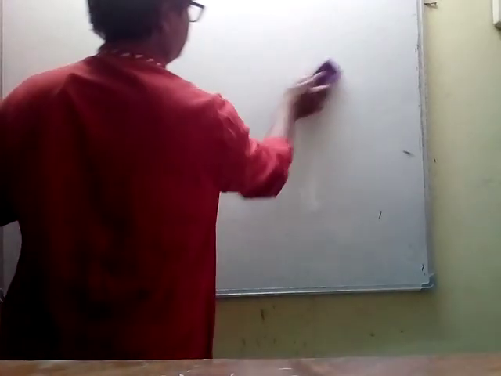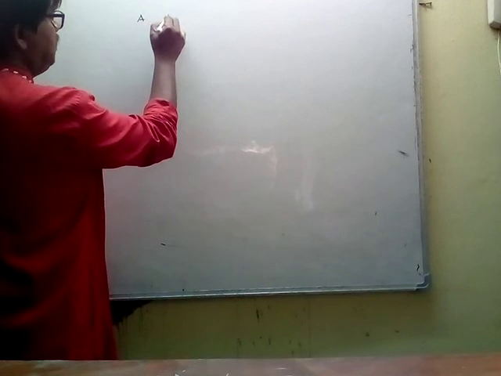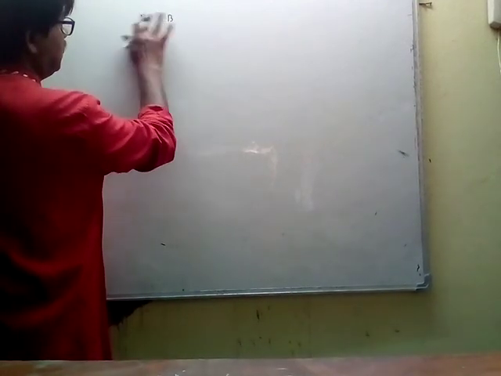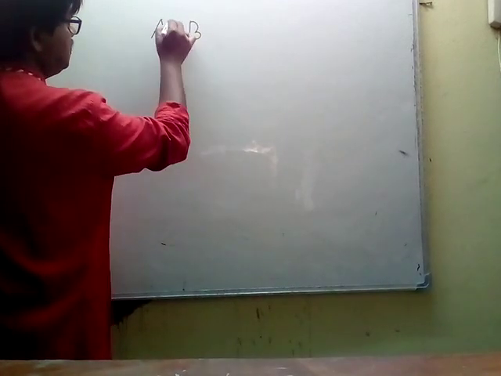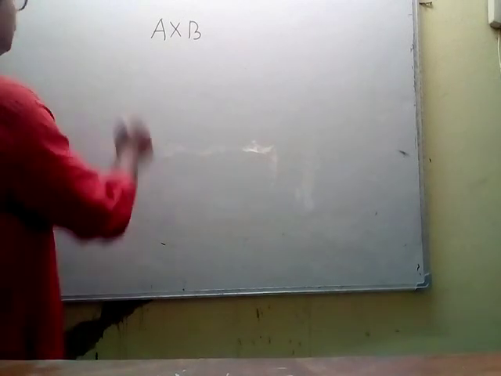Now, the inverse of a relation. Let A and B be two non-empty sets, and A cross B is their Cartesian product.